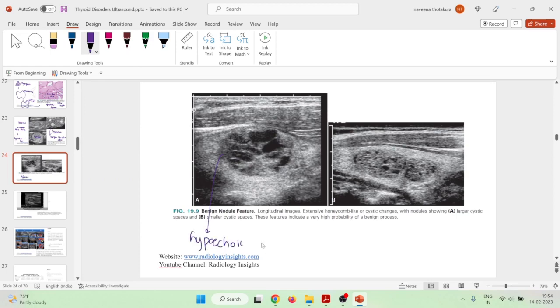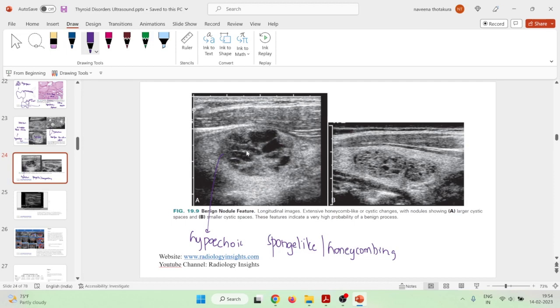It looks like a sponge, or you can see a honeycombing pattern. So it is hypoechoic, and a honeycombing pattern is seen in these nodules also. This is a sponge-like or honeycombing pattern with small or larger cystic spaces.